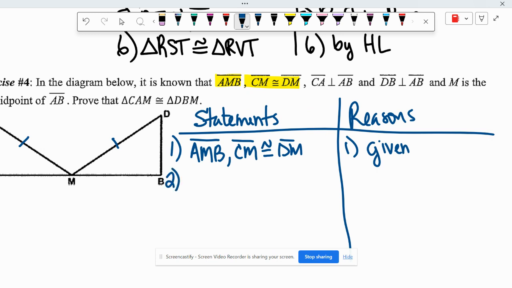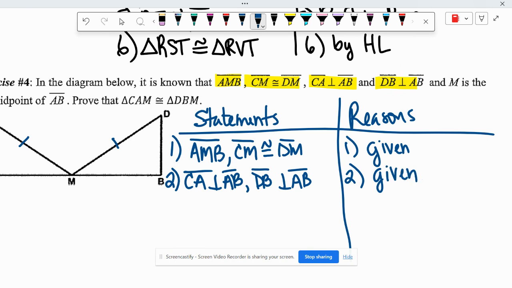So I have to go to my next set of givens, which is this right here. So I'm going to say next that CA is perpendicular to AB and that DB is perpendicular to AB. And that is also a given.